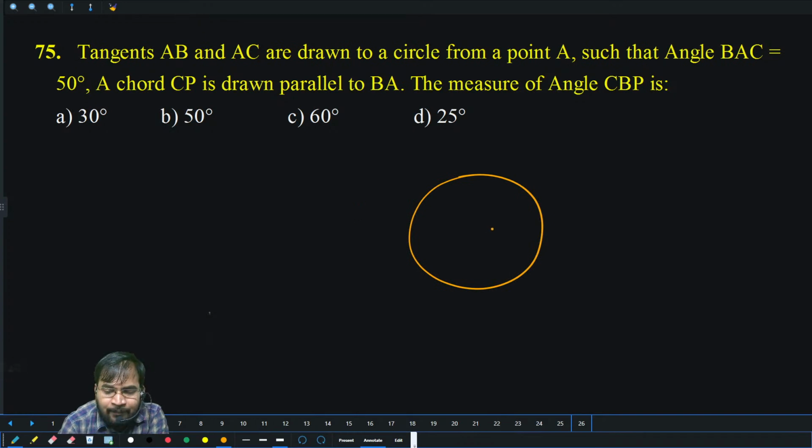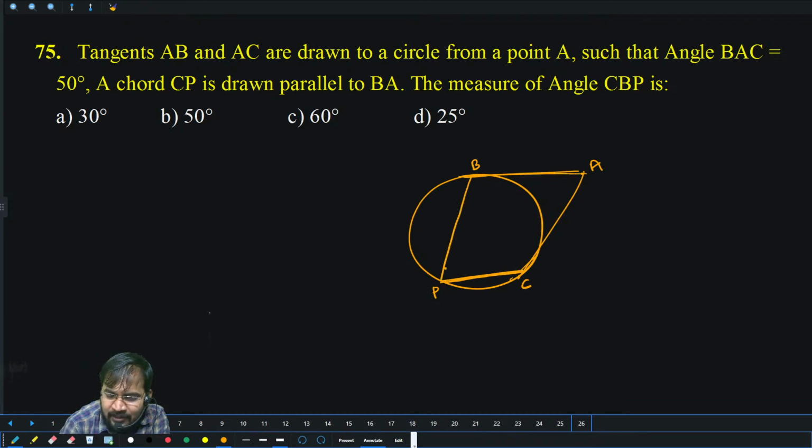This is a circle, and two tangents were drawn to a circle from point A, AB and AC, and CP is drawn. CP is a chord drawn parallel to BA, so these two are parallel lines.